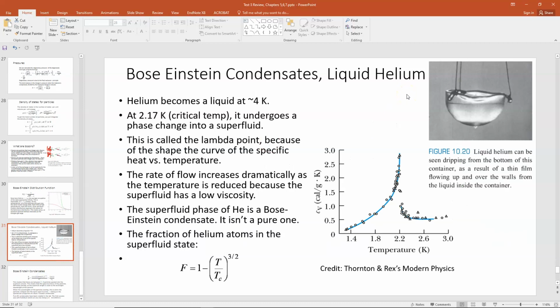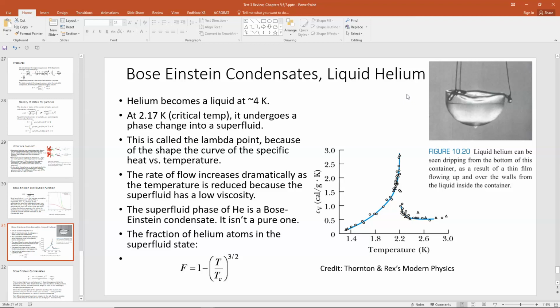Now we skipped over the probably more valuable stuff on black body radiation, and we skipped straight to the really interesting stuff, which was Bose-Einstein condensates, per your request. One example of a Bose-Einstein condensate is liquid helium when you cool it to the critical temperature of 2.17 Kelvin. What happens at that temperature is that it changes into a superfluid phase, because the helium-4 atoms become a Bose-Einstein condensate.